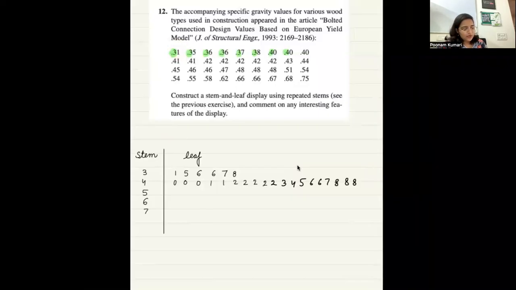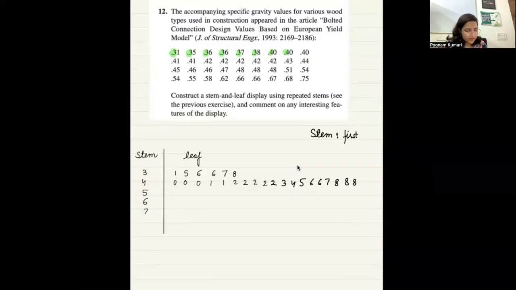And when we write what is my stem and what is my leaf, then I will write the first digit after the decimal, right? Okay, ma'am. All you have to do is clarify what your stem was. One idea could have been to write it like 0.3, 0.4, 0.5, 0.6, 0.7.